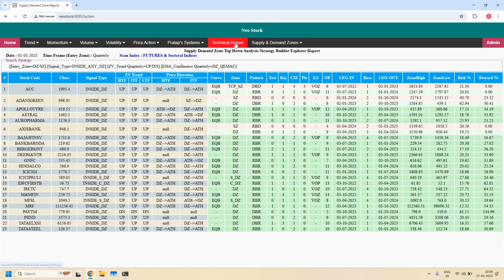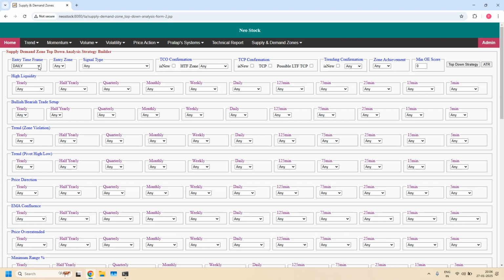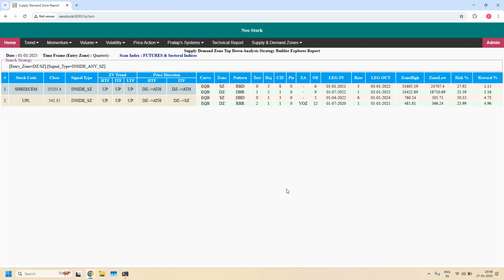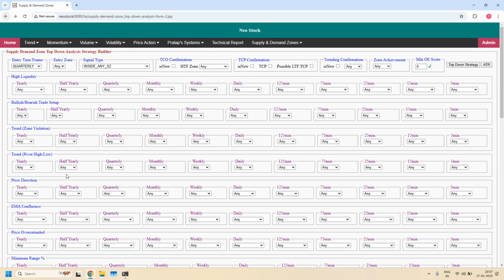Okay, next quarterly time frame, price closed inside the quarterly supply zone. 2 stocks are filtered. Let's verify whether any of these 2 supply zones are having a quarterly EMA Confluence.